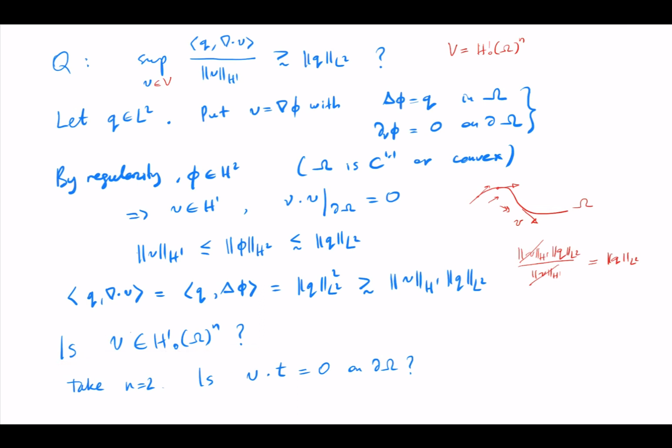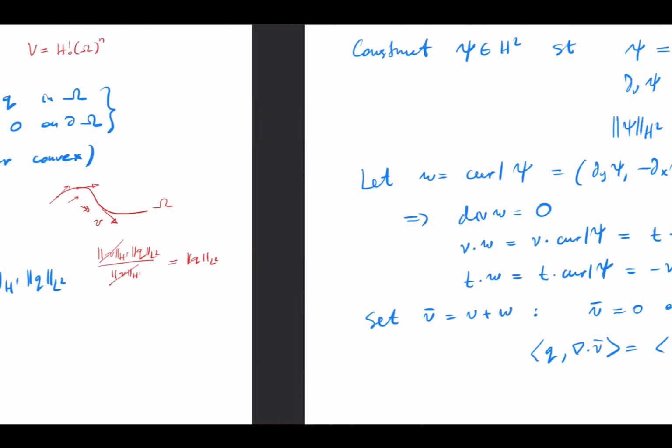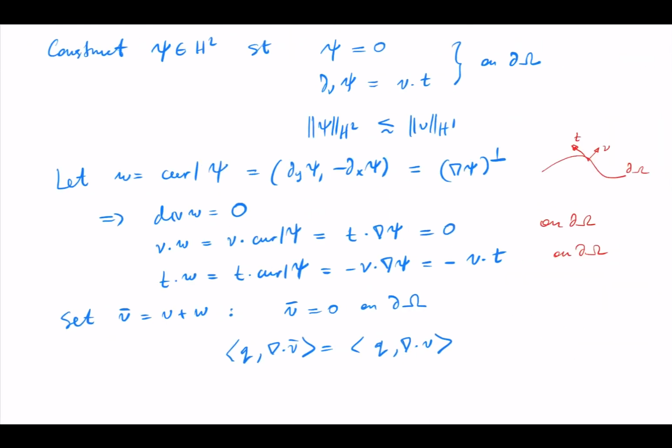Okay. So we're going to just restrict ourselves to the two-dimensional case and show that the tangential components can actually be made 0. In order to construct a divergence-free vector field W, first we're going to construct a scalar function psi in H2, satisfying this on the boundary.